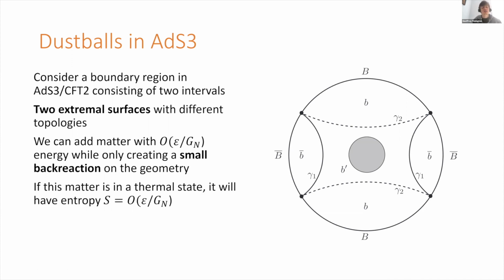Okay, so if this matter is in a thermal state, it will have a von Neumann entropy, and in fact, its von Neumann entropy will have the same scaling as the energy. It will also be order epsilon over G Newton.